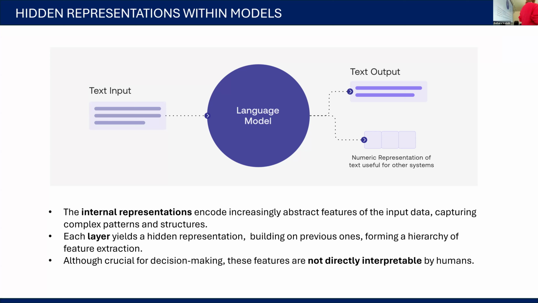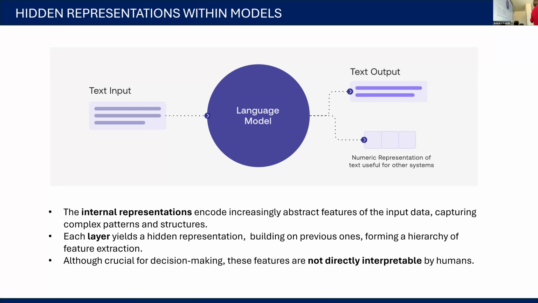These intermediate representations are very rich in terms of information, but they're not directly interpretable by humans. What we know about these representations for the time being is that typically they represent information in a hierarchical way, starting with low-level features at the low layers. For example, for a language model, it can be the syntax, the morphology, and other aspects of the language, while in the higher layers we have more of the semantic information.